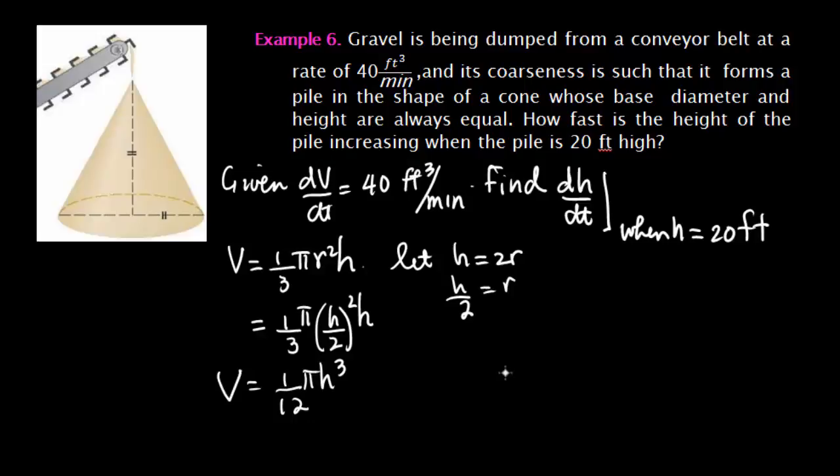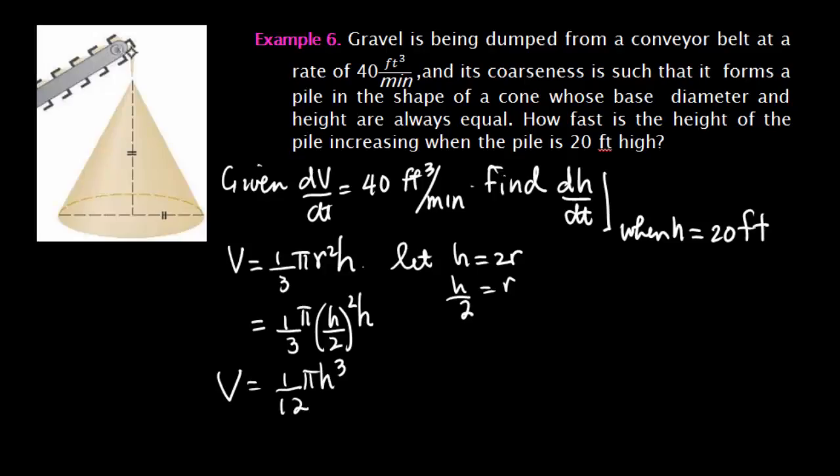So V is equal to 1 over 12 pi h cubed. Then remember dV by dt is given as well: dV by dt is 40 cubic feet per minute.